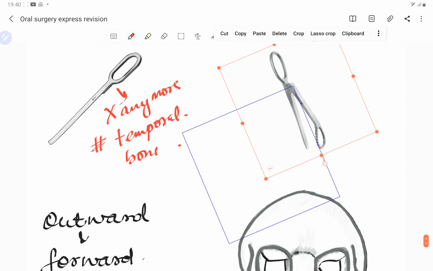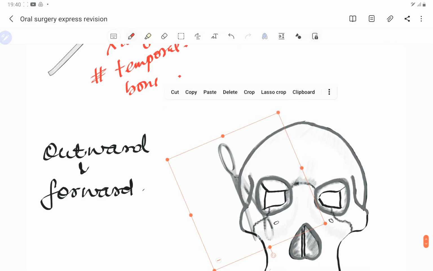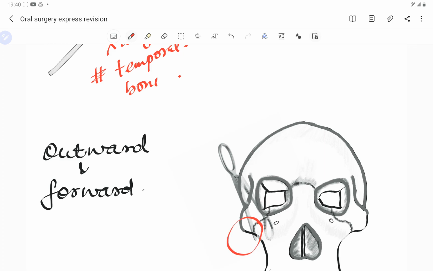We take this elevator, place it inside the zygomatic arch, and if we can appreciate over here, we have this end which is going inside. So this is the elevating blade. This elevating blade goes inside the zygomatic arch, and then we pass this blade through the zygomatic arch and we do the outward and the forward force, which is going to place the zygoma back into its position.